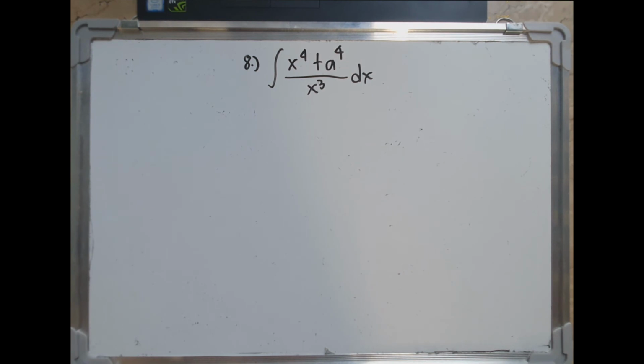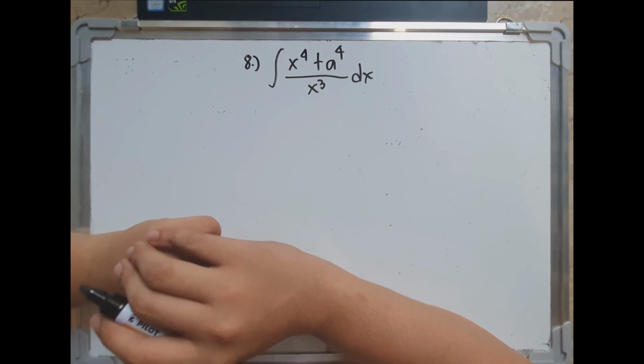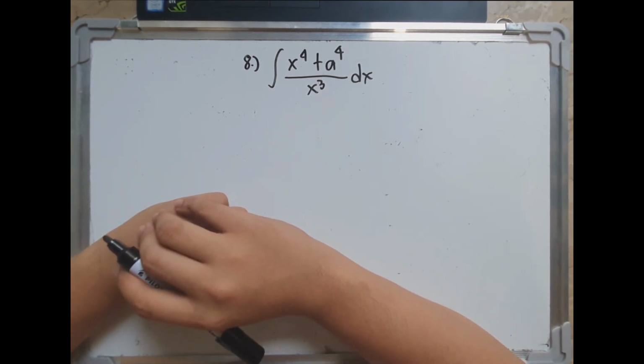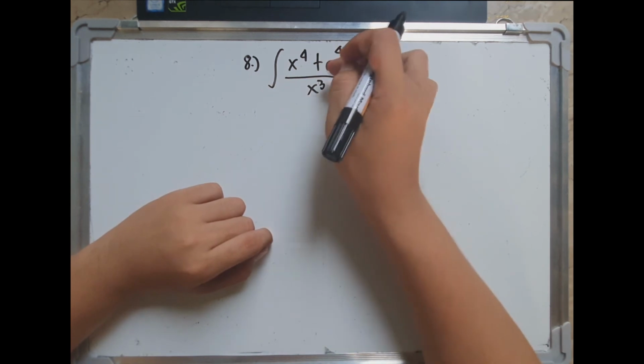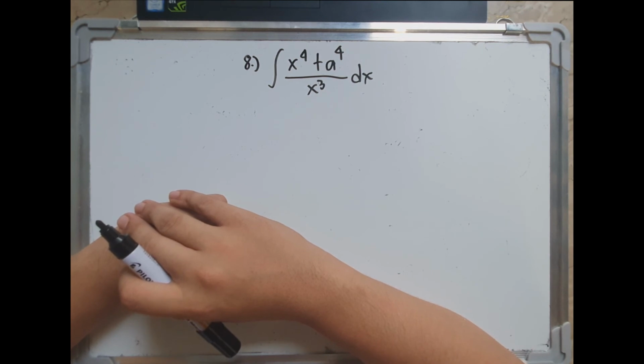Now, number 8 for our algebraic functions. We have the integral of x raised to the power of 4 plus a raised to the power of 4 all over with x cubed dx. Now a right here is again our constant. So deciding what will be the u.